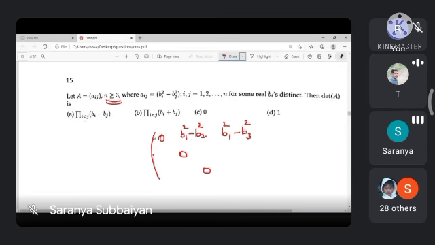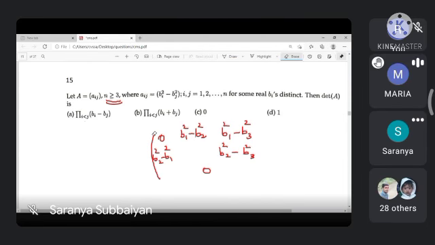In the next row, b2 squared minus b1 squared, 0, b2 squared minus b3 squared. In the last row, b3 squared minus b1 squared, b3 squared minus b2 squared, 0.